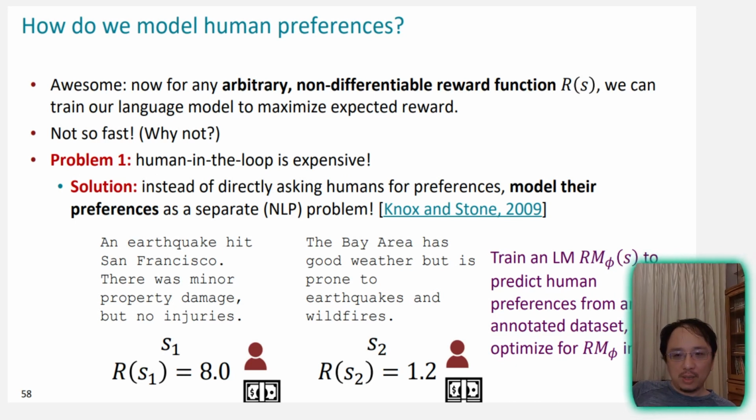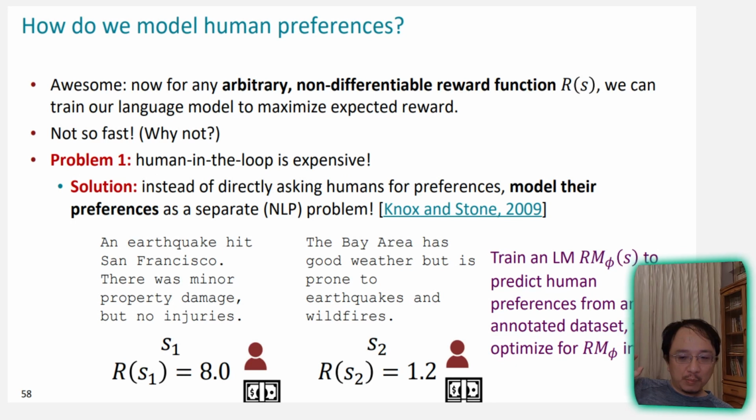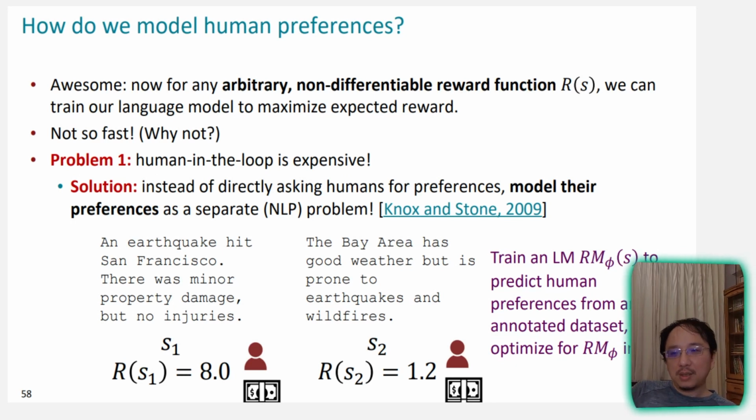You can imagine that we need a lot of humans, because in the training we are going to have thousands of steps. So if we need a human to give a reward to every sentence that the model generated in the training, it's going to be very, very expensive and maybe very slow.